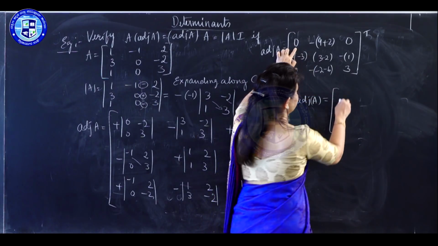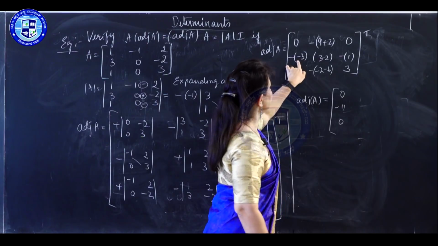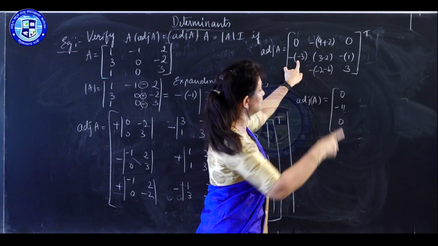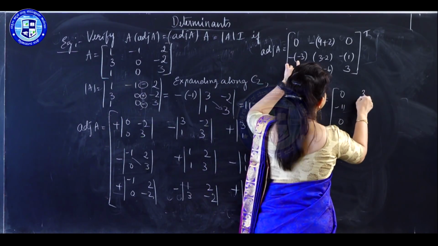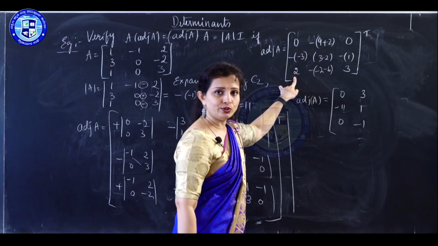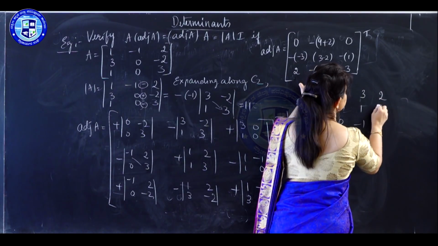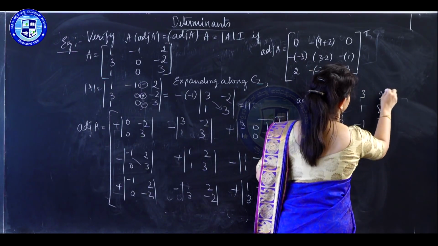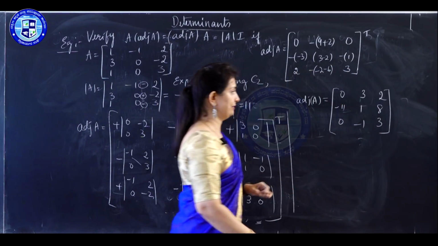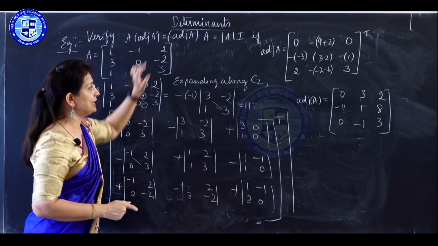We directly write here 0, 9 plus 2, minus 11, 0. And the second row changes to second column, minus of minus 3, plus 3, 1, minus 1. Third row changes to third column, so it is 2, minus of minus 8 is plus 8, 3. It is adjoint A.